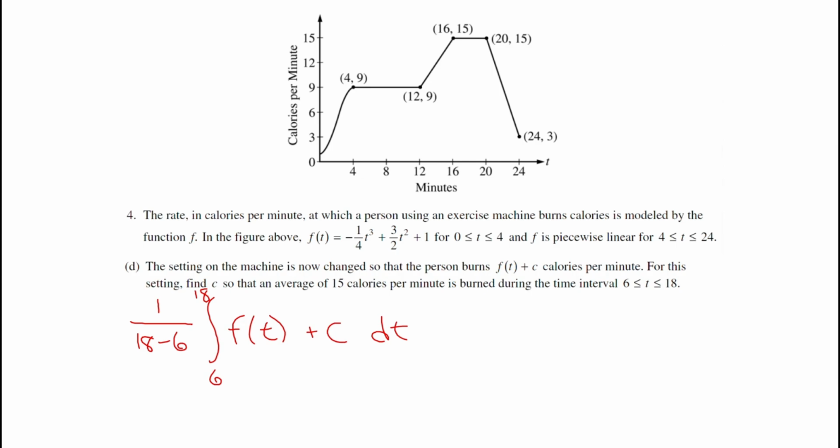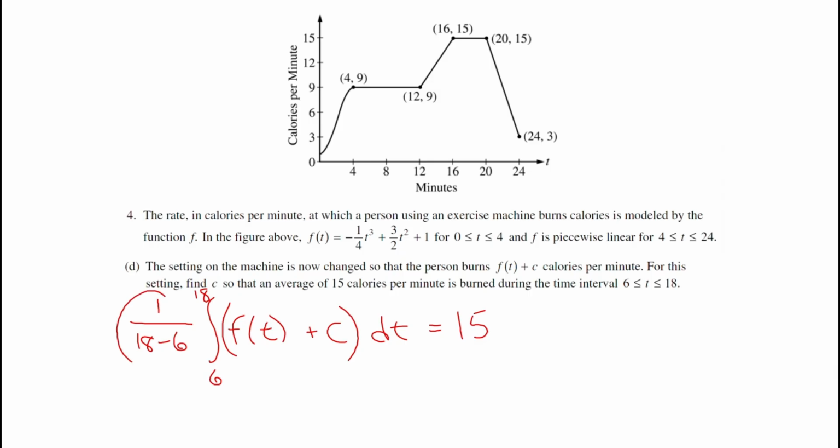This is just the mean value theorem for integrals, right? It says if you want the average of something, then we do 1 over b minus a times the integral from a to b. And we want this average to equal 15. So we need to figure out what this value for c is.